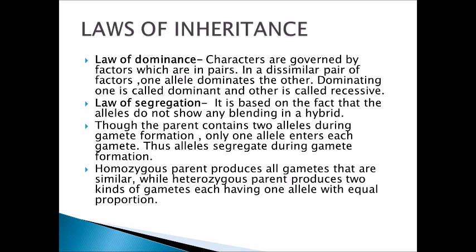In a dissimilar pair of factors, one allele dominates the other. The dominating one is called the dominant factor and the other is called the recessive factor. In the first monohybrid cross, we have seen that capital T is dominant whereas small t is recessive.